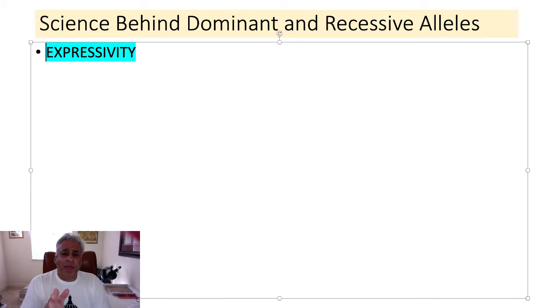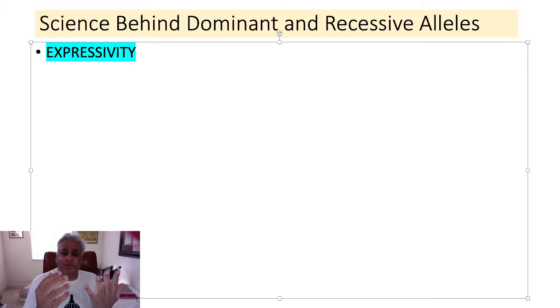So if you have, as in the classic example, the dominant gene or allele for multiple fingers, polydactyly, then in some people in the population with that particular condition, they may have a tiny indication that they have an extra finger. So the expressivity of that allele is very low.